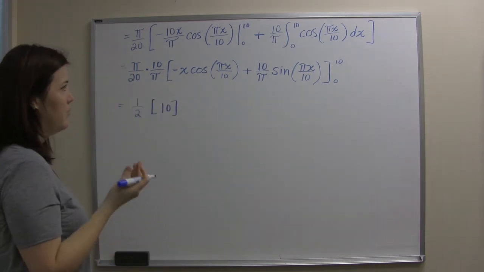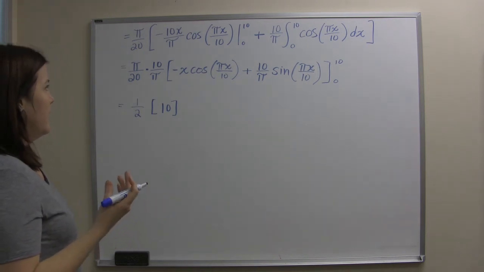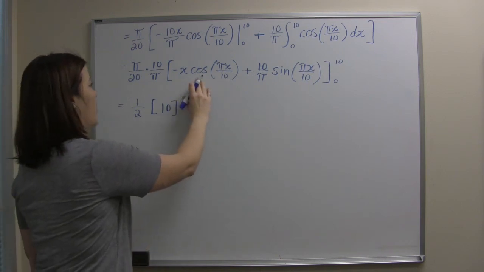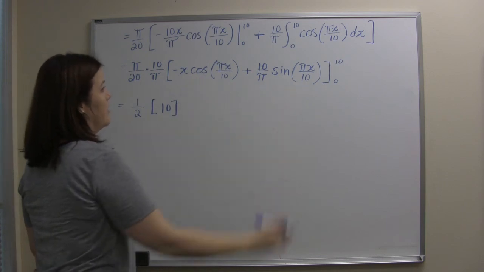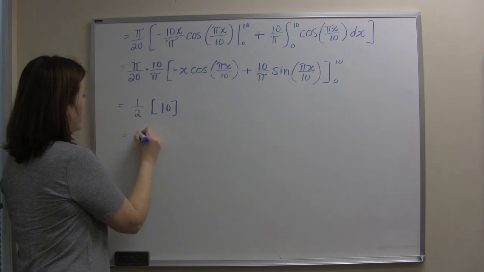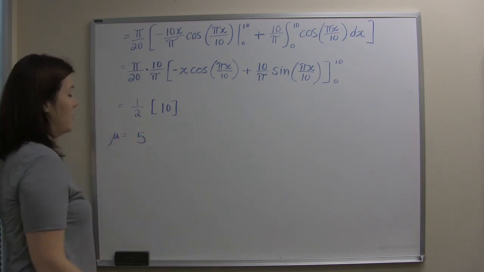So you plug in 10, you plug in 0. And remember, even multiples of pi are going to give you 1 here and 0 here, and odd multiples of pi will be negative 1 and 0 there. So that's not too difficult to evaluate, which means that 5 would be the x value for the mean.